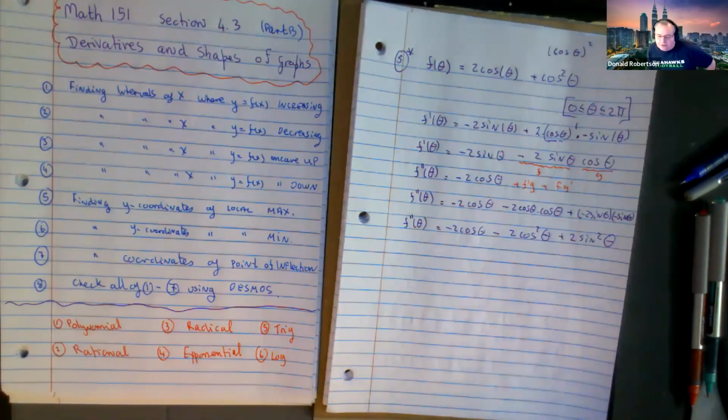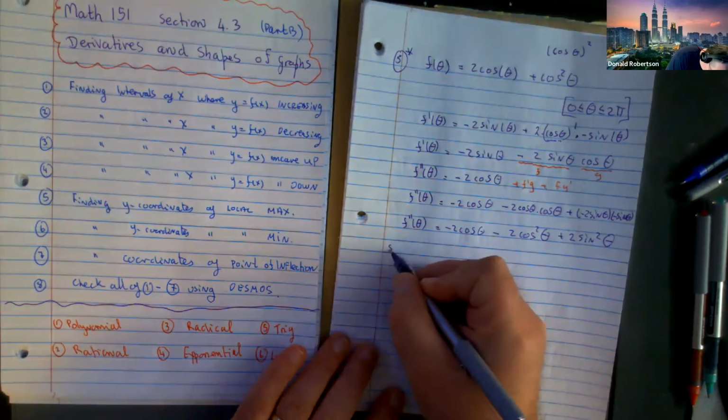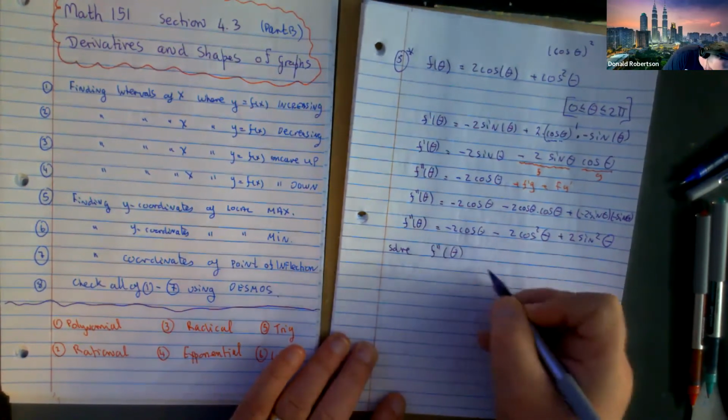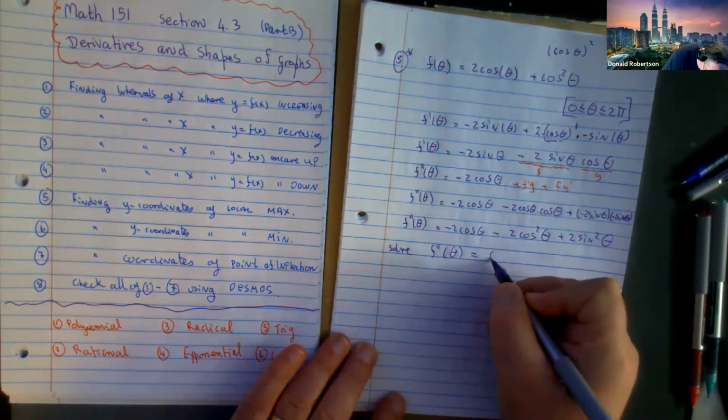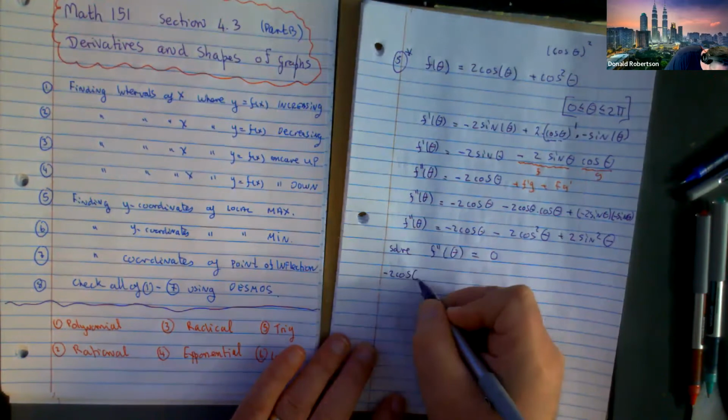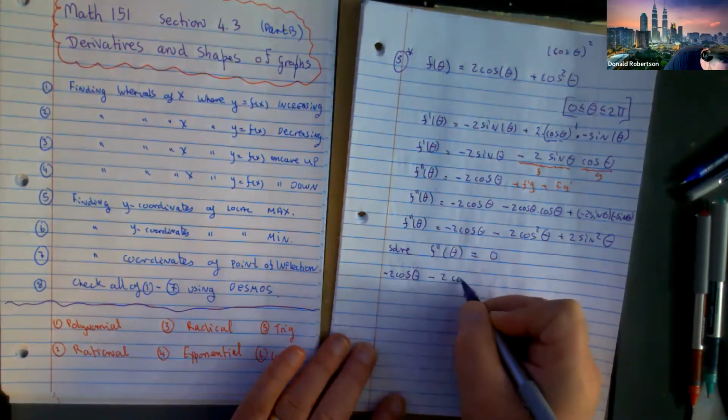My trig class just finished on Friday doing exactly this kind of problem. We are going to have to solve a trig equation, in this case that guy, equal to 0. And we're going to have to solve not a very nice one.